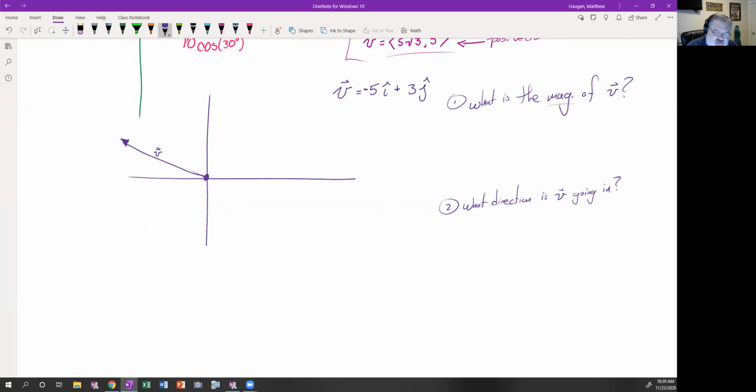We have a notation for magnitude of v. It looks kind of like absolute values, but it's a double barred absolute value. So that's read the magnitude of v.